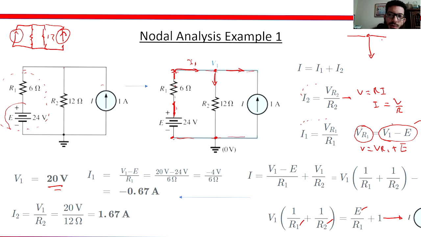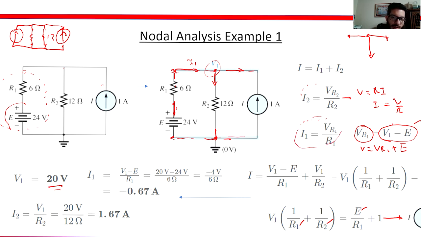This configuration is a good candidate for a nodal analysis problem because you have everything that it takes for a node. And here you have the other one. So you have two nodes, and the rule says that if you have two nodes, you have 2 minus 1, or one equation. You have one less equation than the number of nodes. So once you have V1, it's very simple because I1 is simply here.